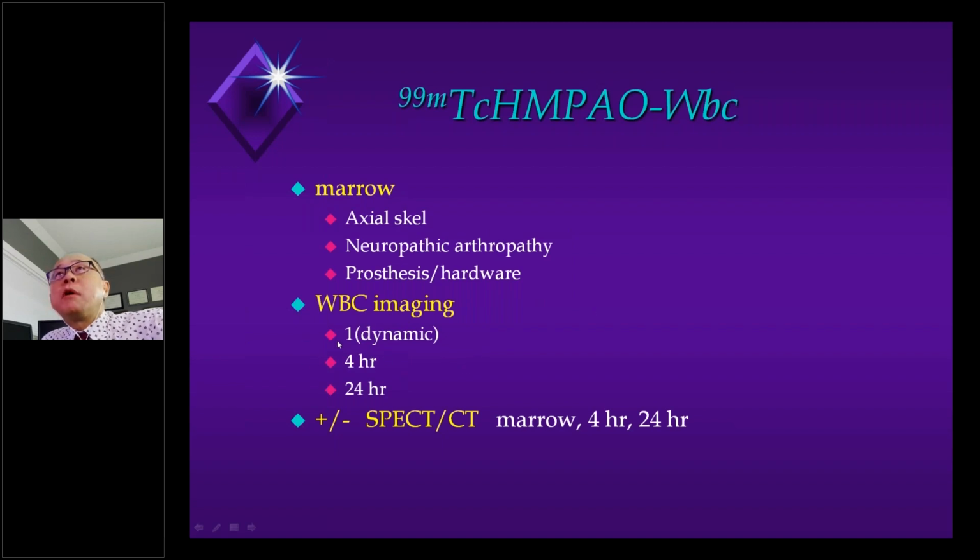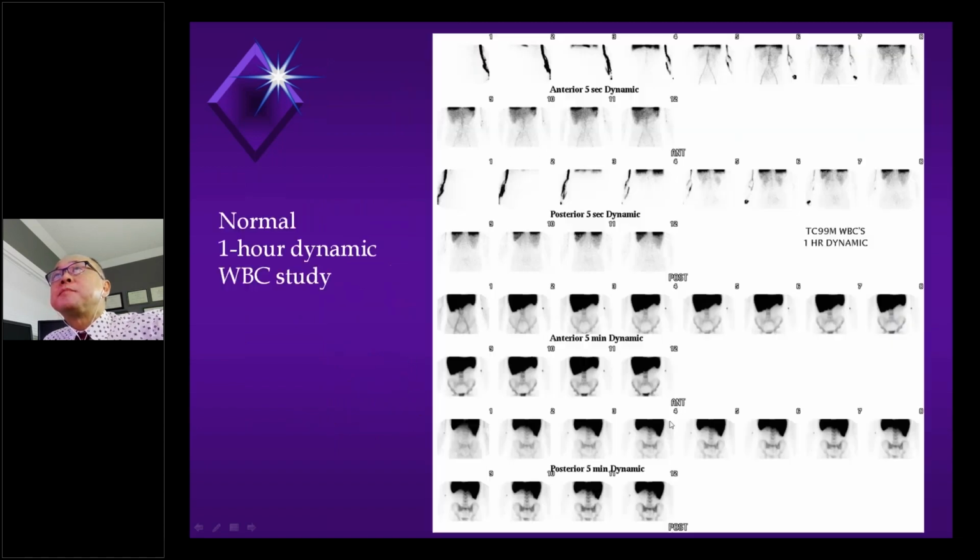In our protocol, we will do a dynamic study, that is to say 1 hour dynamic imaging, if there's any concern for potential bowel pathology, because we're looking for the abnormal, early appearance of white cell within 1 hour. But we will routinely perform 4 and 24-hour imaging, plus or minus SPECT CT at various time points as the case dictates.